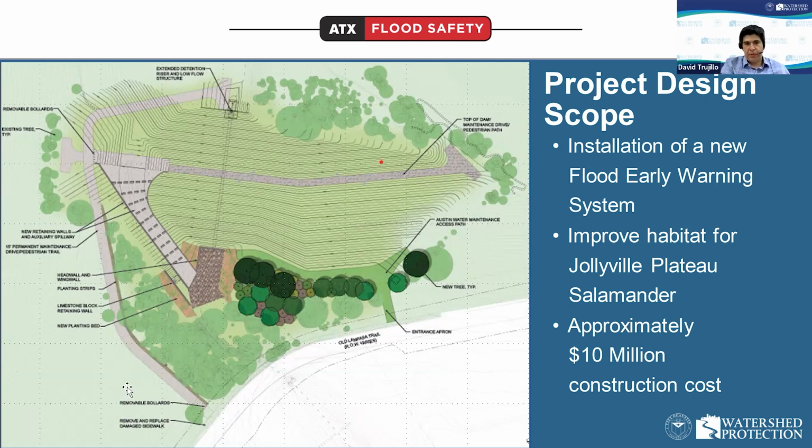So we're widening it and we're making it out of concrete for this particular drive. And this is just going to be flex material. So this is not concrete, but this is also new, it's going to be on top of the dam as well. But the maintenance drive itself is going to be made out of concrete.